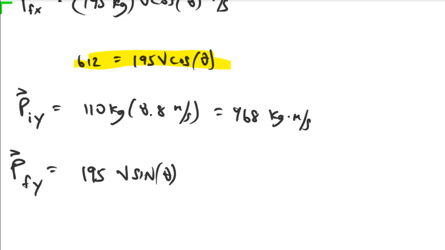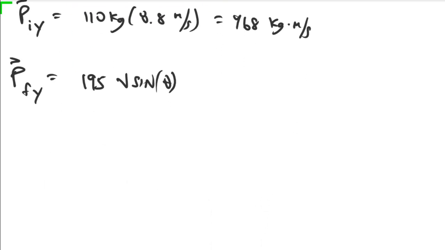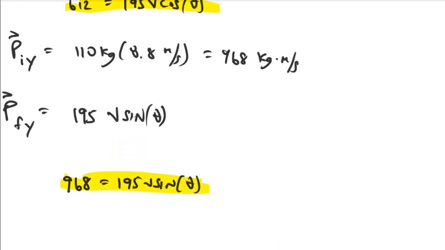And so then setting the initial equal to the final, because momentum is conserved in the y direction as well, we have 968 is equal to 195 v sine theta. Right, so this is our second equation we can use to solve this.